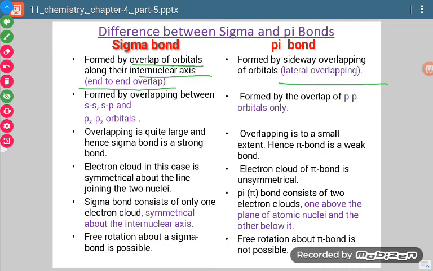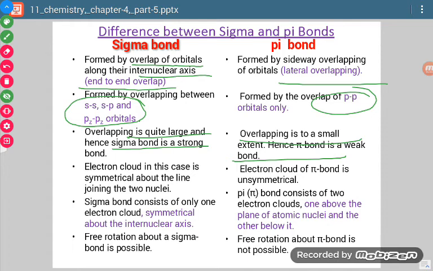Okay, sigma bond is possible in SS, SP and PP overlappings, but pi bond is only possible for PP overlapping. Now overlapping is quite large in case of sigma bond, and so sigma bond is very strong, but in case of pi bond, overlapping is less as compared to sigma bond, and so it is a weak bond.